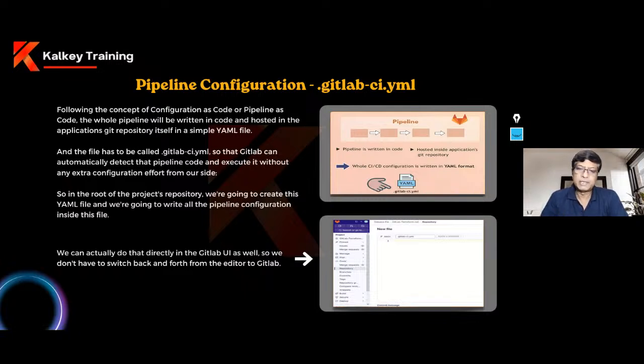All these flexibilities you can achieve with pipeline coding. The YAML file is .gitlab-ci.yaml. So we are going to basically create this pipeline today.